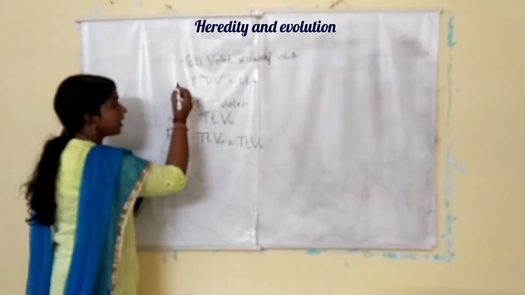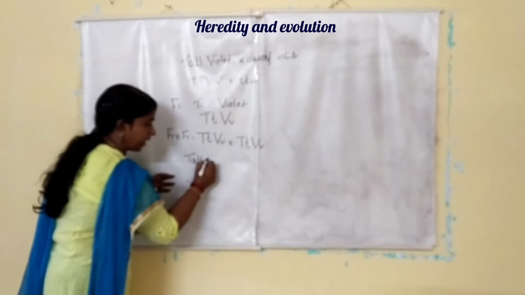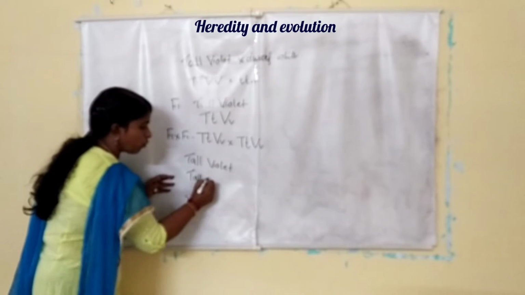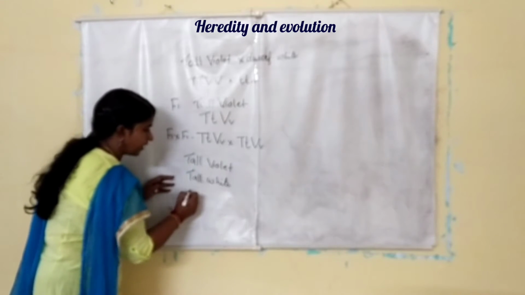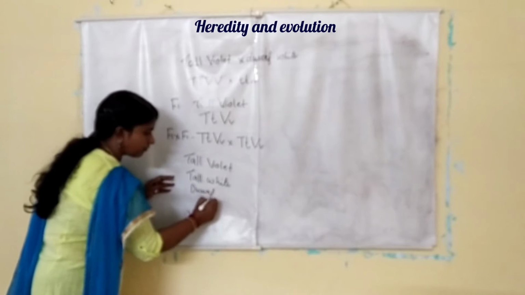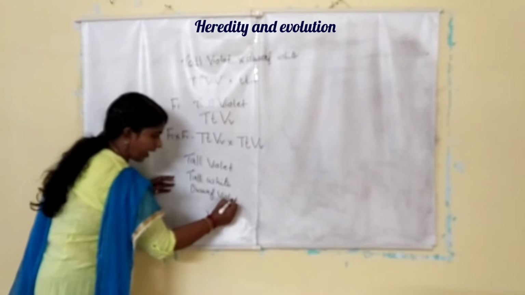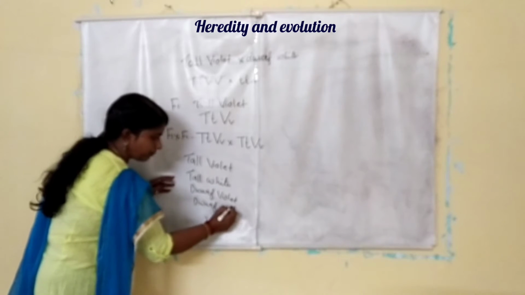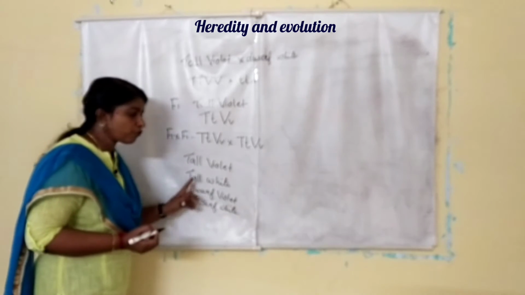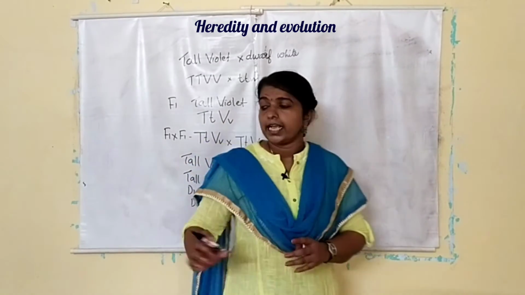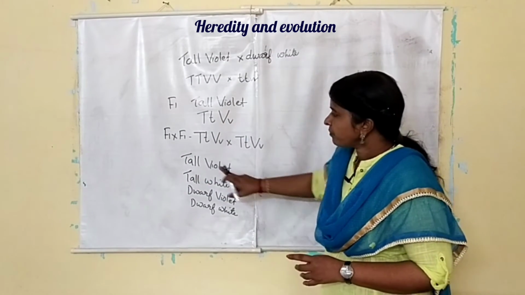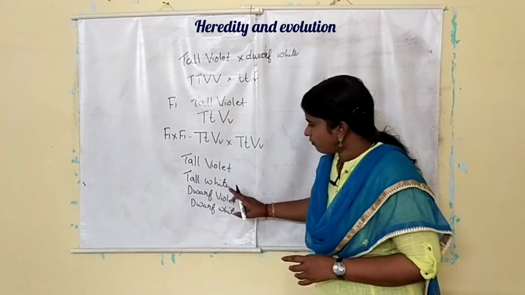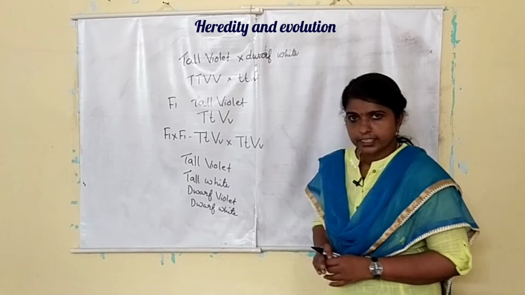These progenies were tall violet, tall white, dwarf violet, and dwarf white. The 4 different types of progenies obtained in this cross were tall violet, tall white, dwarf violet, and dwarf white.